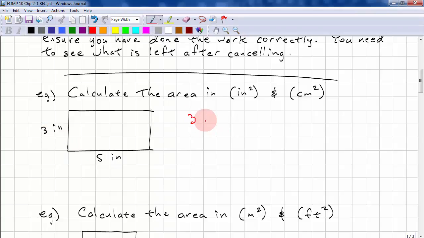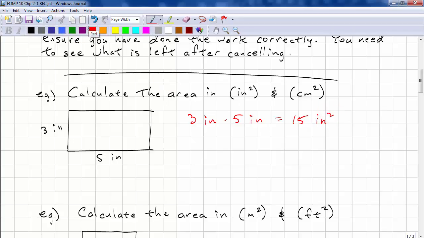So 3 inch times 5 inches equals 15 inches squared. And when we multiply the like units, these are numbers, so we can multiply them together. These are inches, so we can multiply them together and get powers.